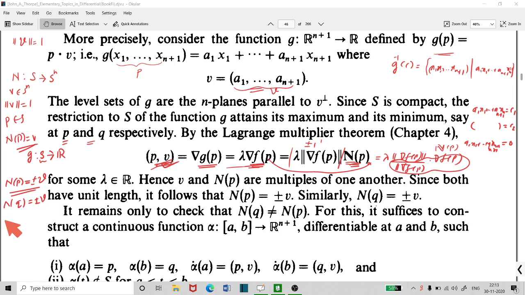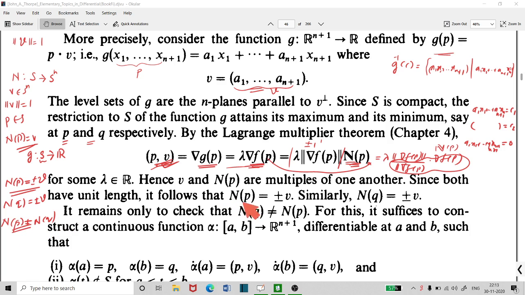Our claim is that n of p is not equal to n of q. Once you prove this, you can say that either n of p is equal to v or n of q is equal to v. This shows that v has a pre-image. So our intention is to prove n of p not equal to n of q.